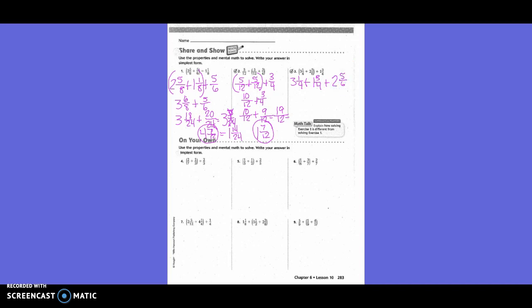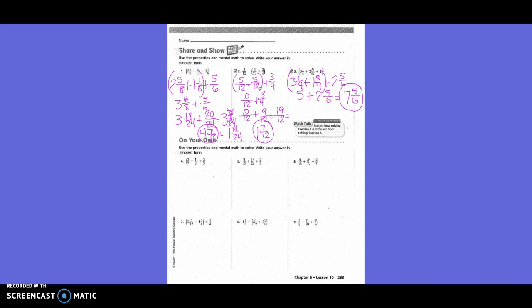In between 3 and 1/4 and 1 and 3/4. Now what is 3 and 1/4 plus 1 and 3/4? 5, because 1/4 plus 3/4 is 1. 1 plus 1 is 2, and 2 plus 3 is 5. Plus 2 and 5/6 equals 7 and 5/6. Do we need to do anything else? Nope, that one was pretty simple.